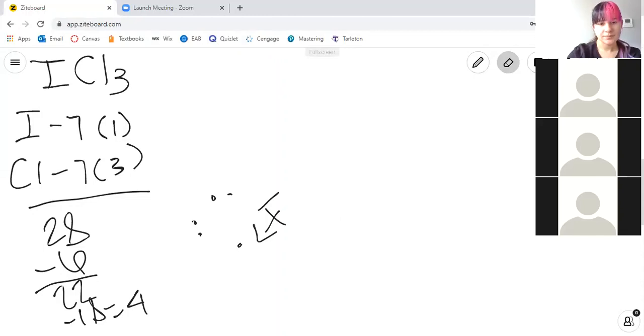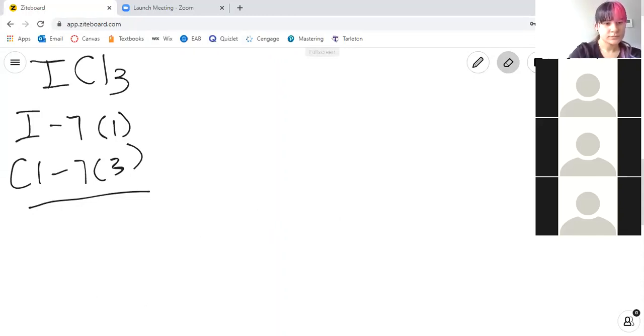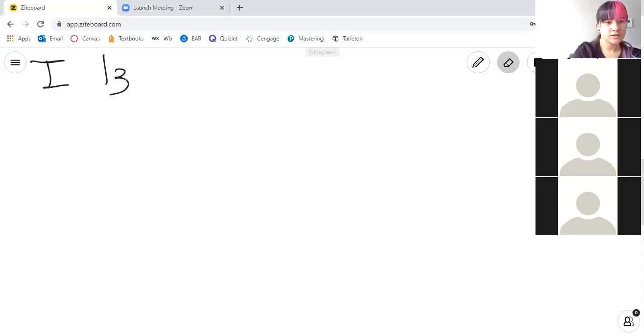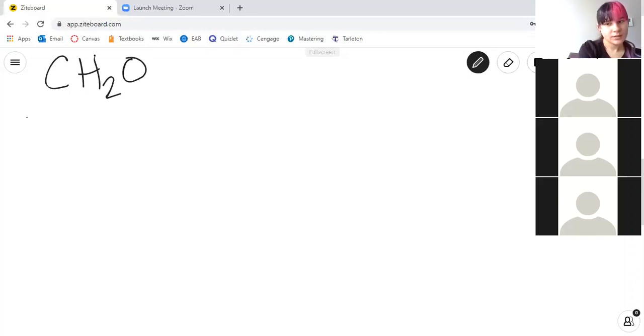So next up, we are taking a look at CH2O. With the carbon, we have 4 electrons.